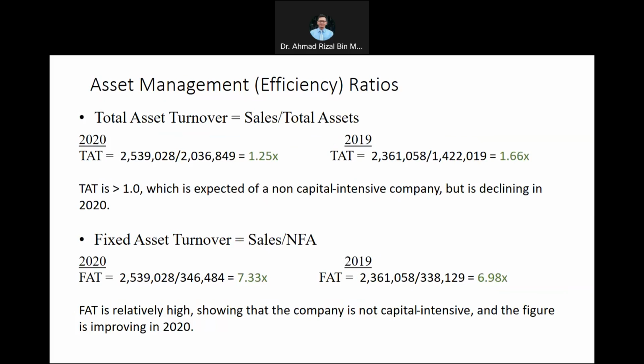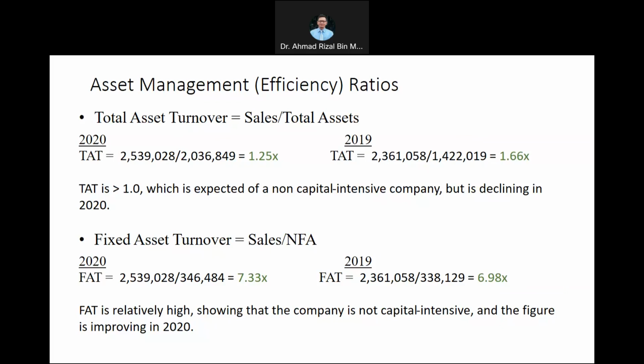The next would be fixed asset turnover, which is sales divided by net fixed asset. Of course, you also want the sales to be greater, but this is where we want to compare the intensity of your fixed asset.